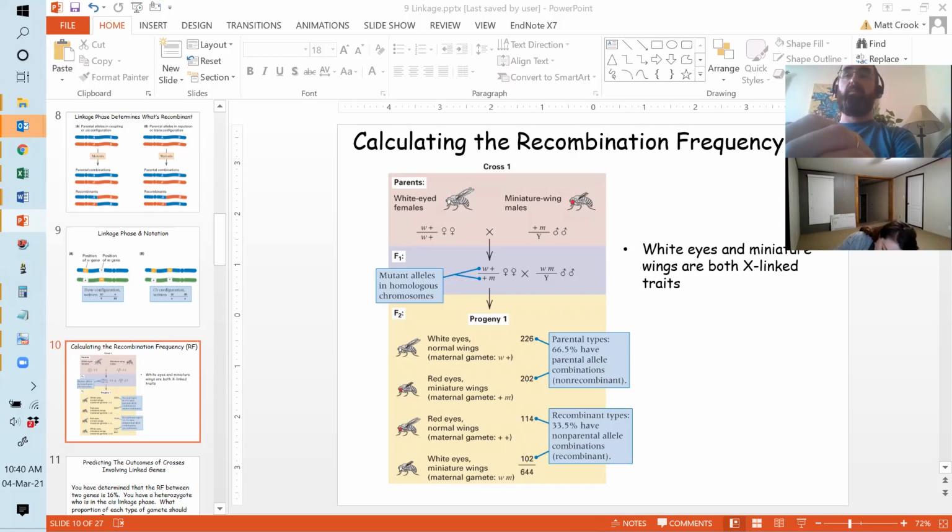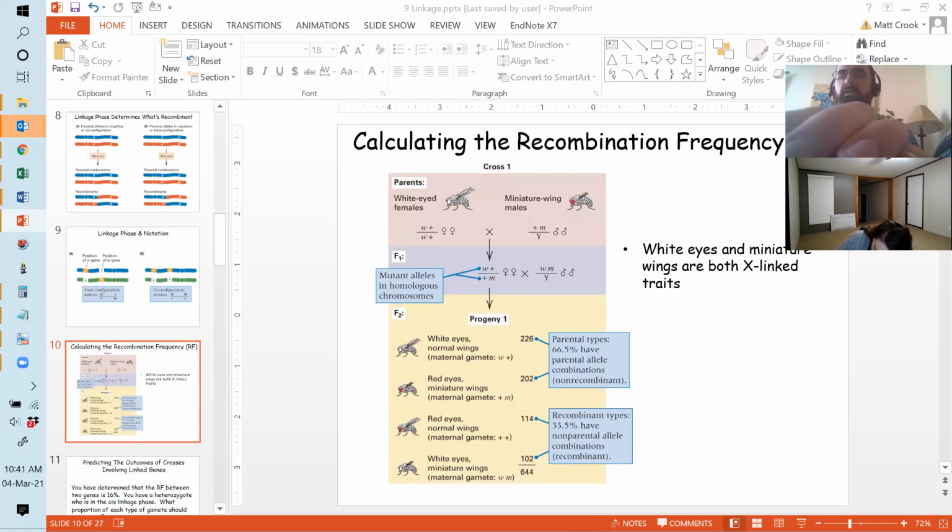Now, that's typically expressed as a percentage, or map units. That's essentially the same, just times 100.